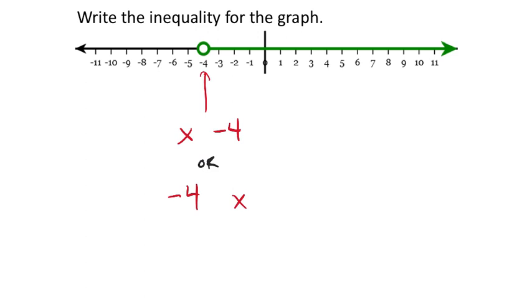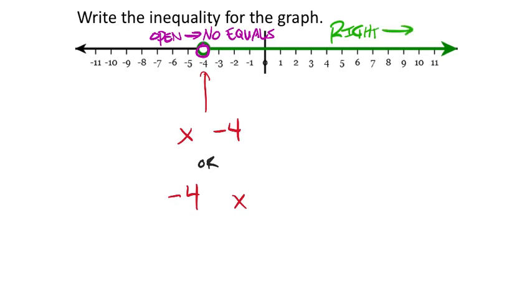And right here, we have, again, an open circle. An open circle tells us that there's no equals sign in the inequality, okay? So again, I can't put anything in between the x and the -4 yet, but then I see that the line goes to the right.